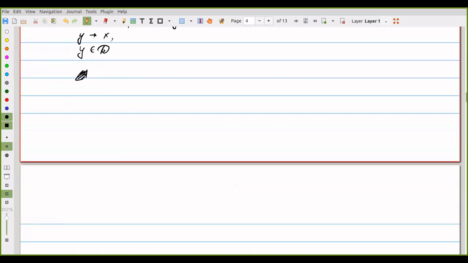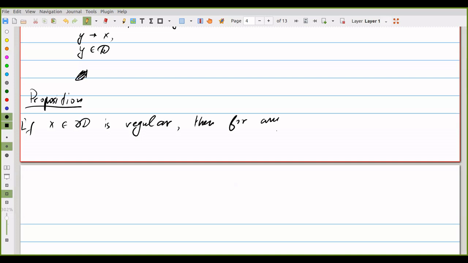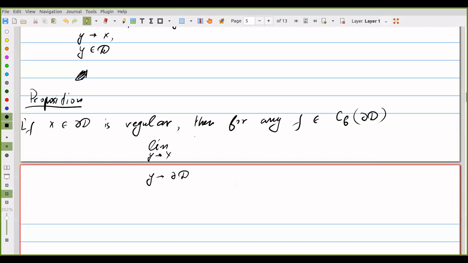And now we're ready to formulate another additional proposition. If the point is again regular, then for any function that's continuous and bounded on the boundary, we also have this good behavior when we approach the boundary at point x from inside.